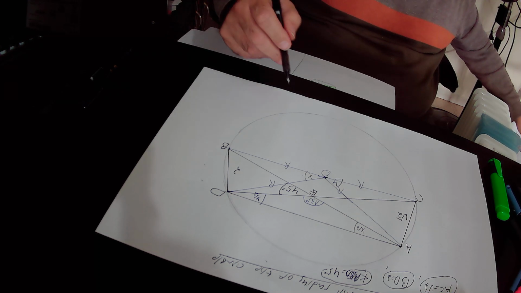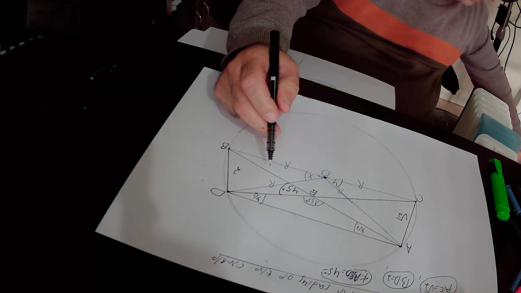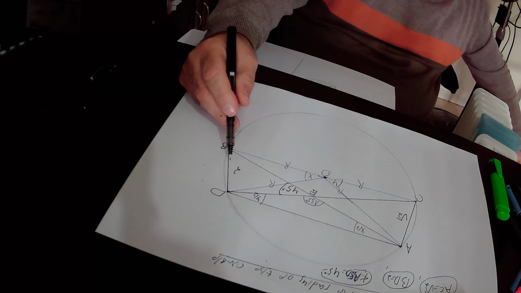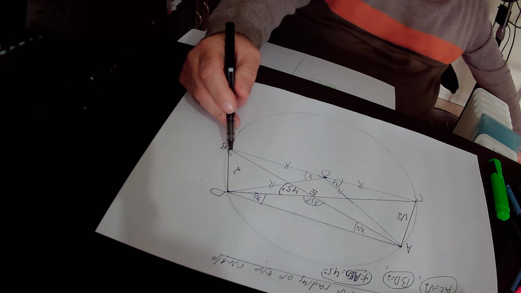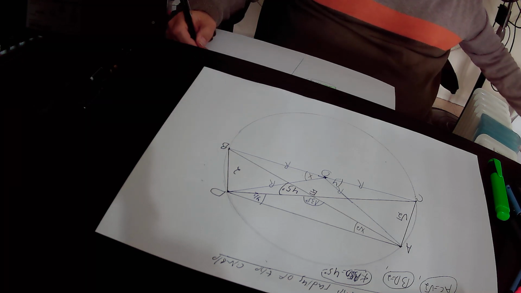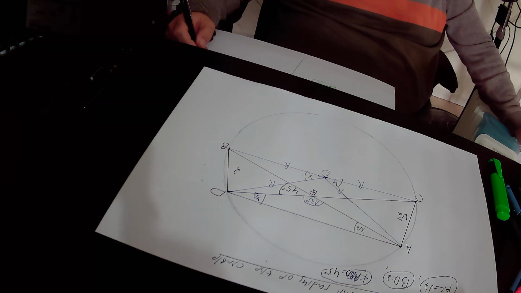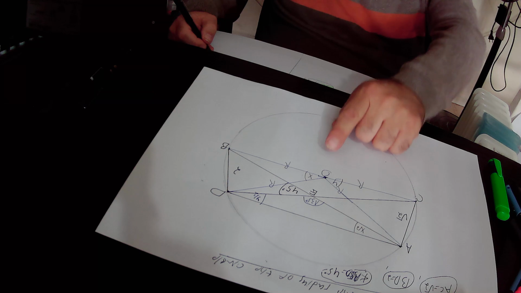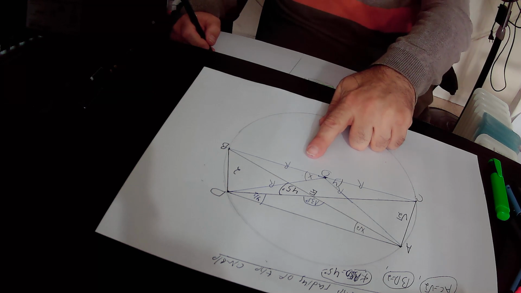It's actually r square plus r square minus c square, it is DB square, that is 2 square. It's actually also 2 times 2, over 2 times r times r.